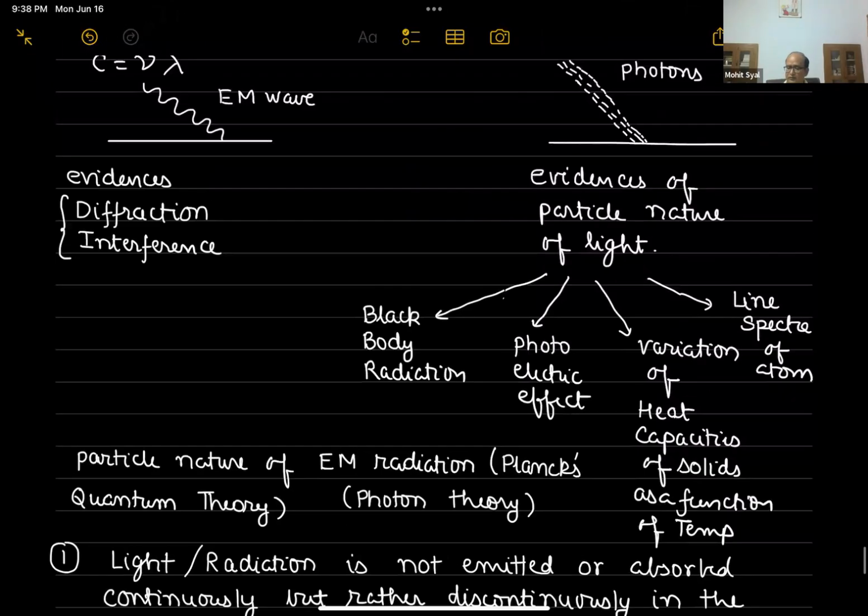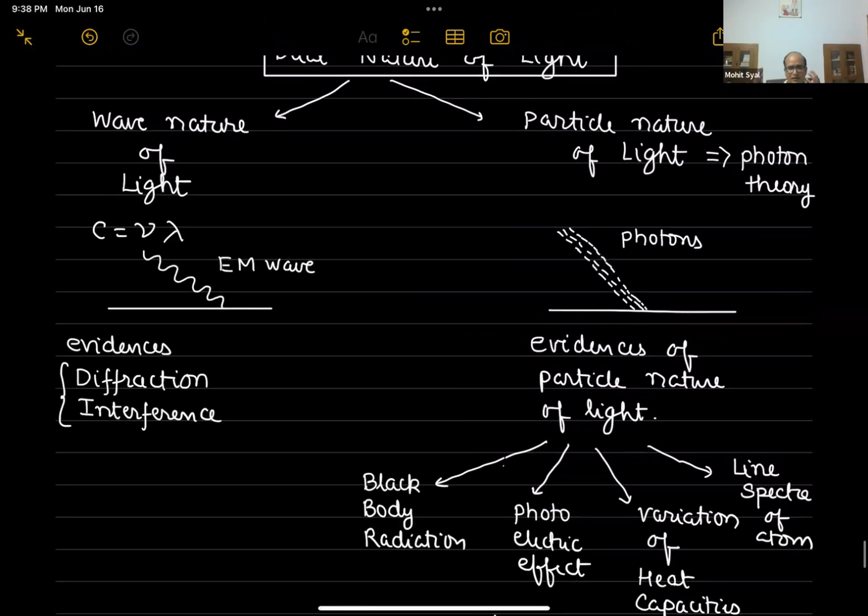So if I have a surface, you can assume that this surface is continuously receiving these small packets of energy. These packets are actually lighting up the surface. Is it clear?